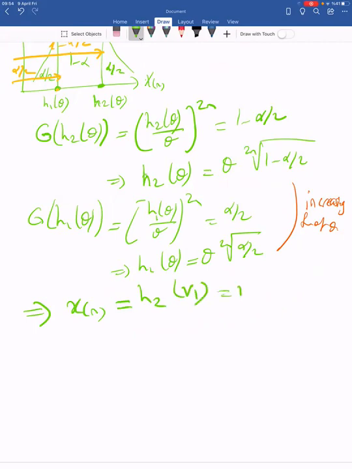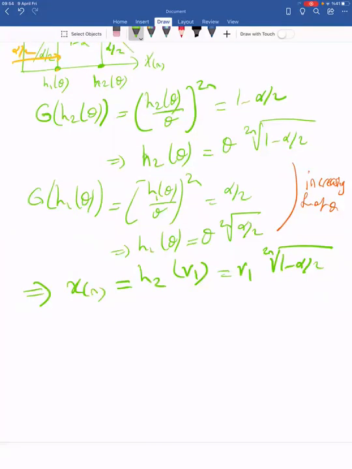Maybe when we use the first order statistic, let's see. I will try to find an example for the decreasing case. Okay, h1, v2. So v2 equals v2 times alpha over 2, 2n.